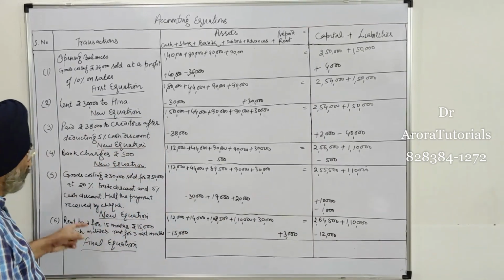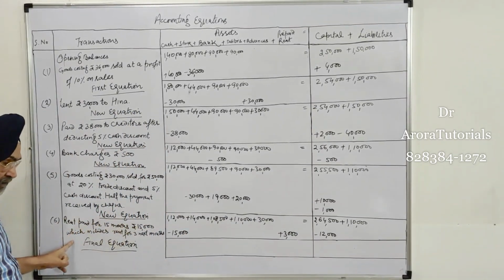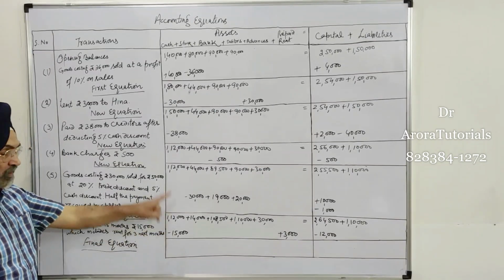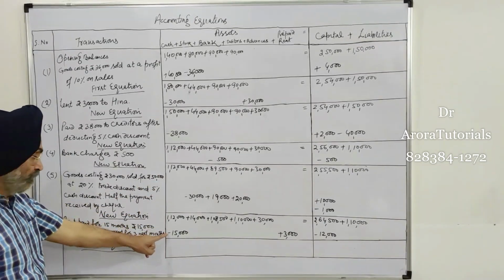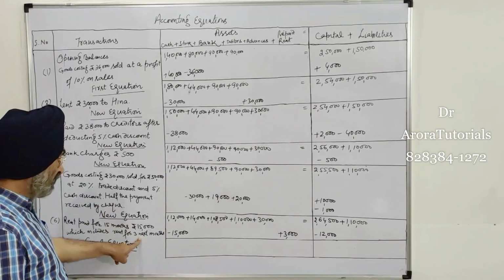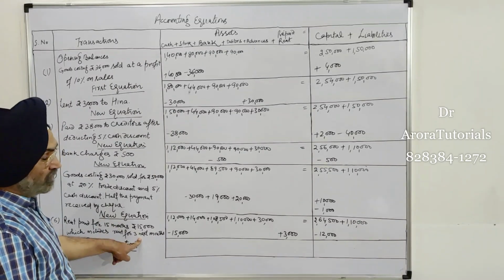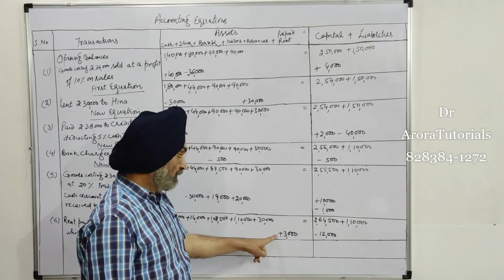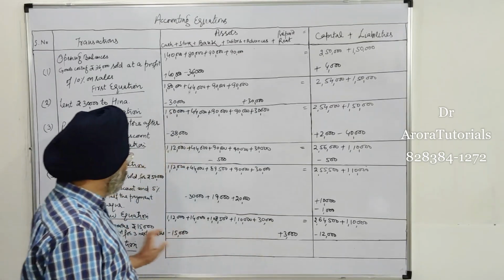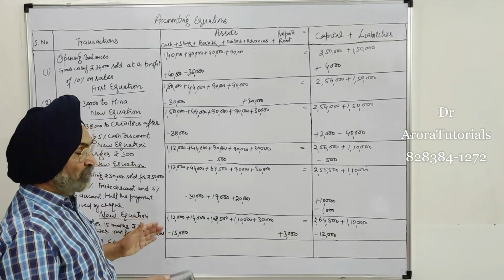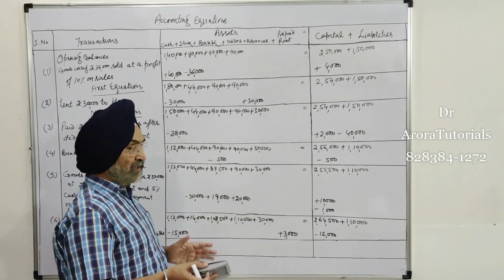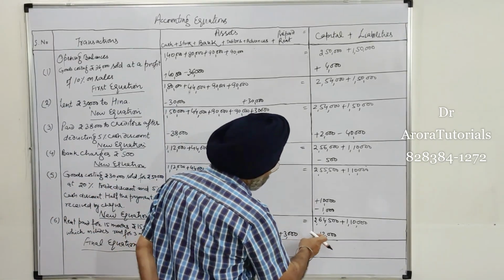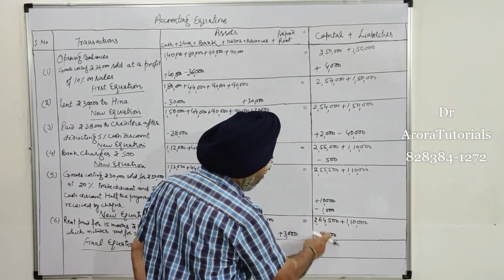I'm repeating, 15,000 cash has gone total. So cash will decrease by 15,000 and 3,000 is the rent for the next year. So next year means prepaid rent. So that will be our current asset, and remaining 12,000 which is for the current year, that is our expense. So with our expense, our capital will be reduced by 12,000.